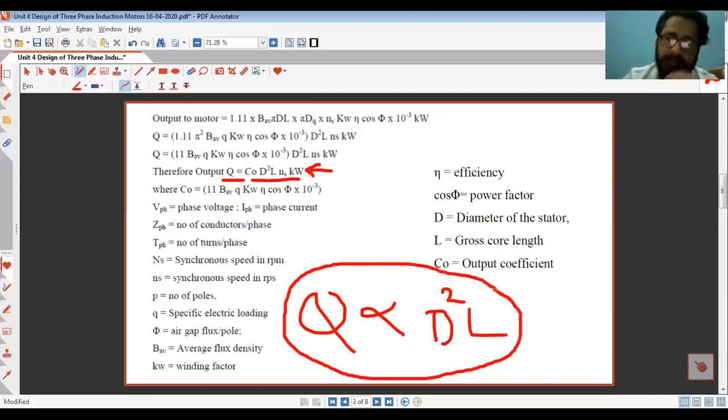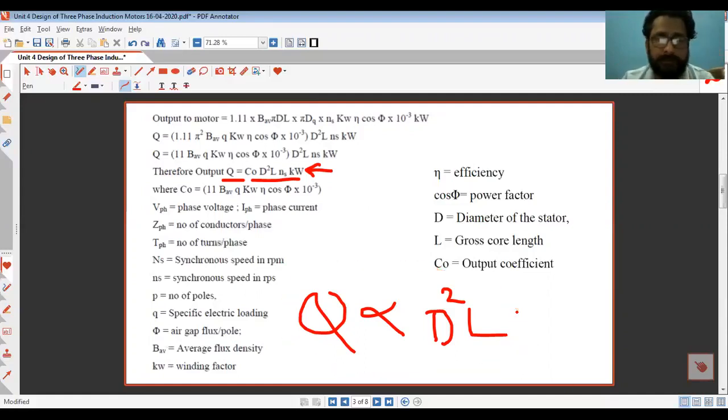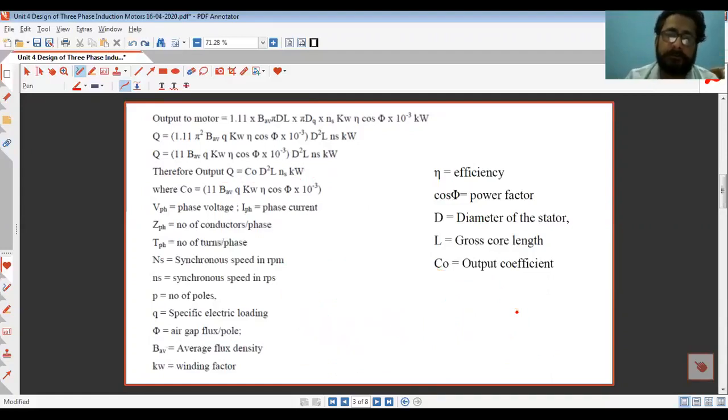Logically we understand this from this equation. But it is in the hands of a designer how efficiently and optimally the designer thinks of a particular design. It may be possible to have a high power rating machine with low volume.